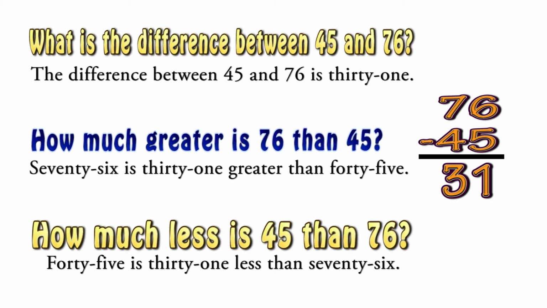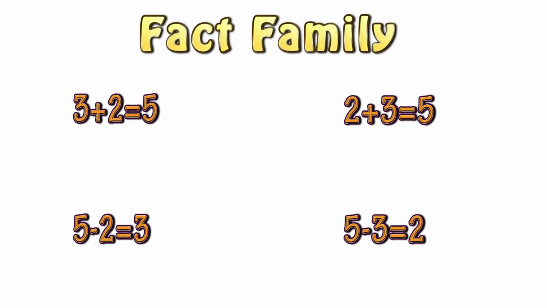It's easy to see why we subtract numbers when we compare them by using fact families. The fact family 2, 3, and 5 is going to help us show why we use subtraction to compare numbers. So you've got 3 plus 2 equals 5, 2 plus 3 equals 5, 5 minus 2 equals 3, and 5 minus 3 equals 2.